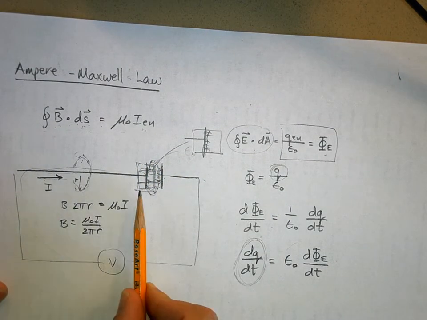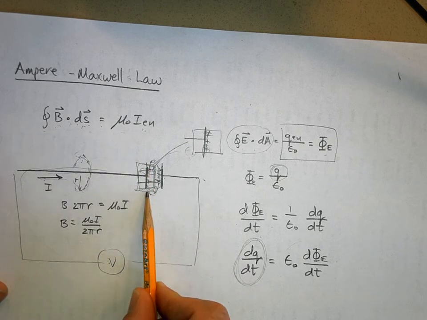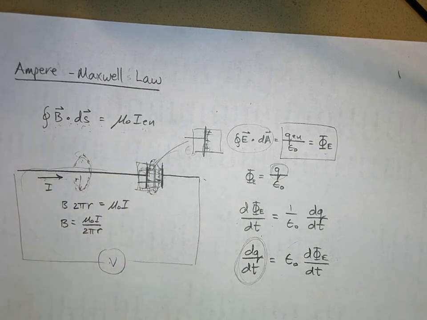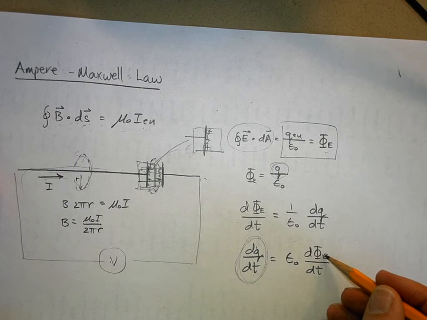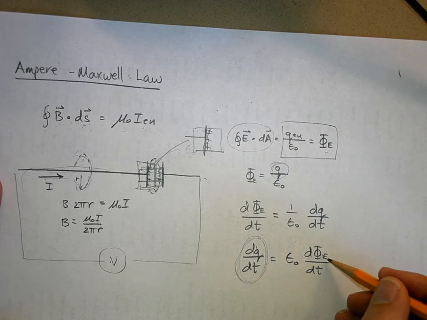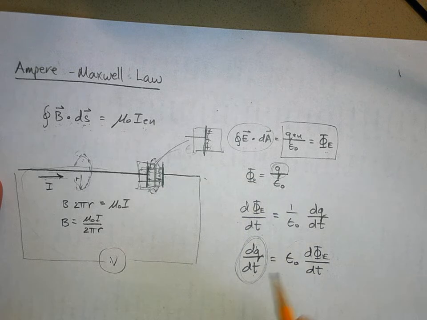Well, what is that current doing to my capacitor? It's adding charge to one of the plates at a certain rate. But what does that do? That changes the amount of electric flux at a certain rate. And this epsilon naught is just my constant of proportionality.